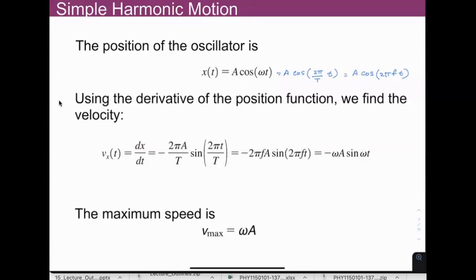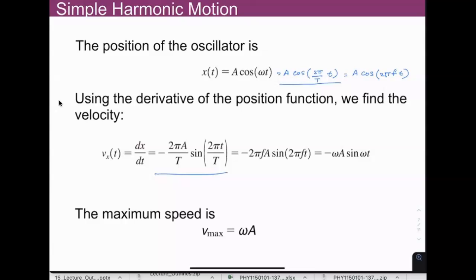Using the derivative of the position function, we find that the velocity is dx dt. If we take the derivative of A cosine of 2 pi over the period times t, we get minus 2 pi times the amplitude over the period times the sine of 2 pi t over the period.